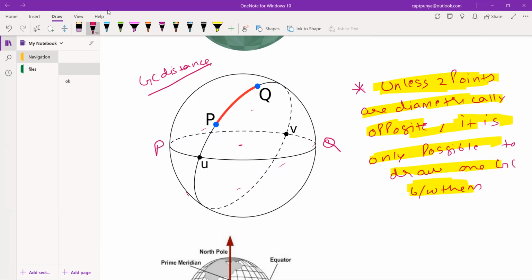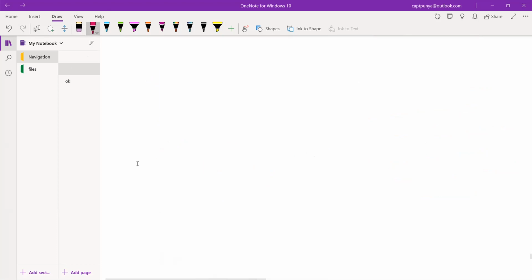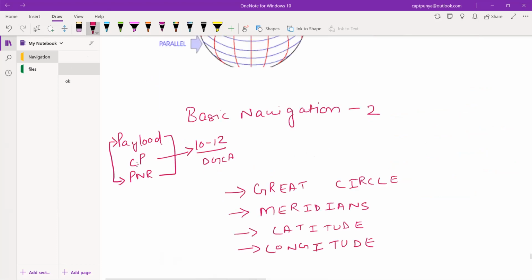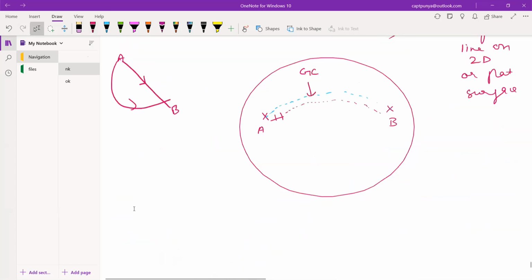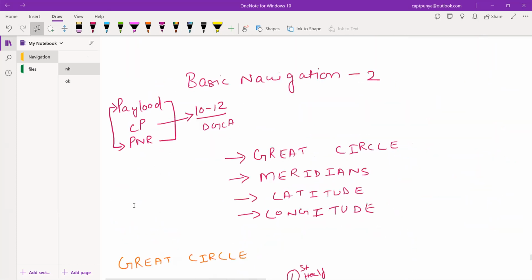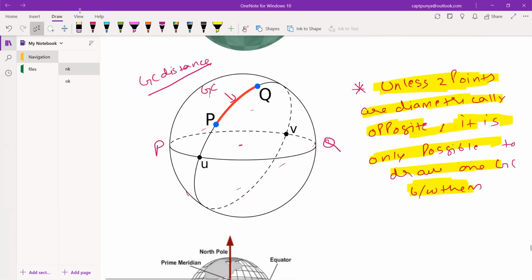This is your GC distance, and that will be your shortest distance. This was actually your point number 5, so I'm going to mark it down up there as point number 5.